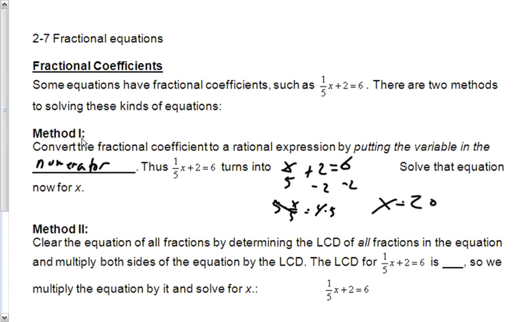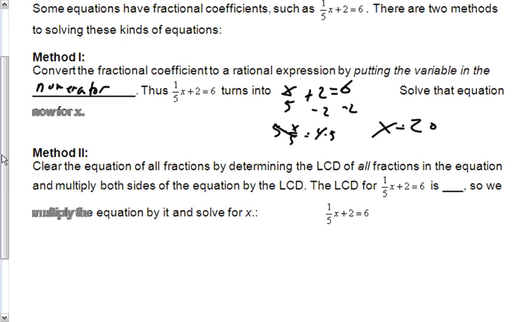It works a lot of times, but sometimes we're going to have variables in the bottom, and that's where we're going to get a problem, okay? Method 2 is we're going to clear the fraction of its denominators by finding something we can multiply through by. That thing we're going to multiply through by is the LCD. So if I have 1/5 x plus 2 equals 6, these are over 1, and I got to say to myself, hey, what's the LCD of this all? Oh, it's 5.